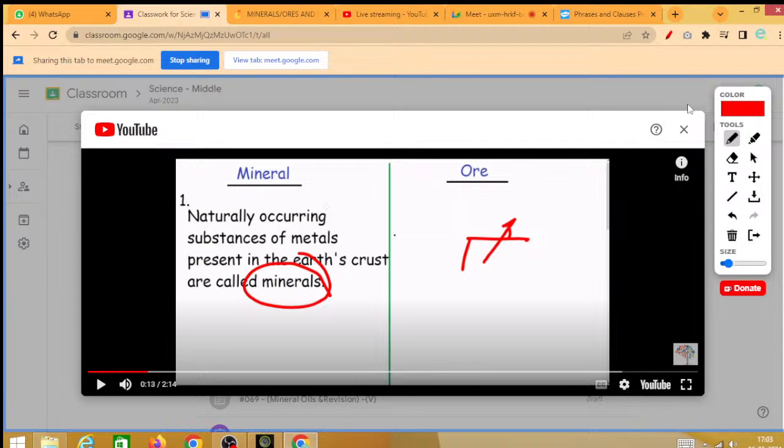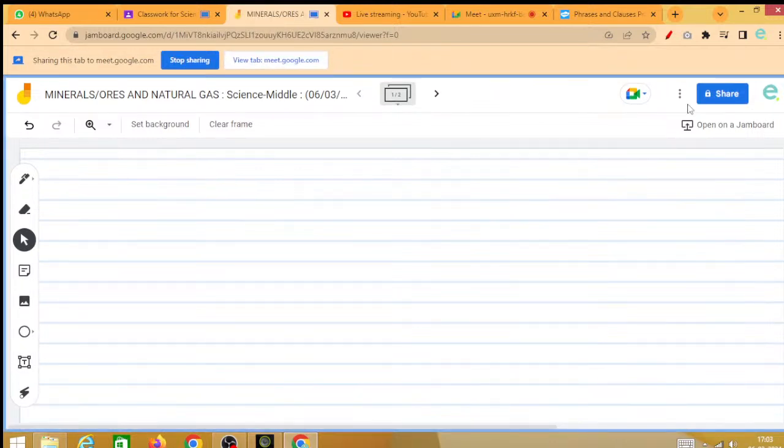So there are two types of minerals. Two types of minerals.